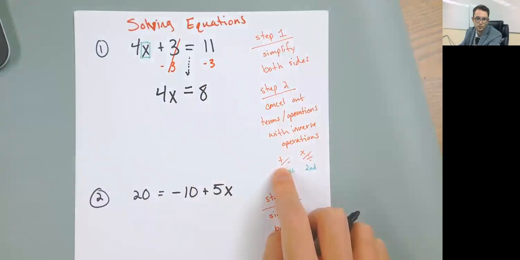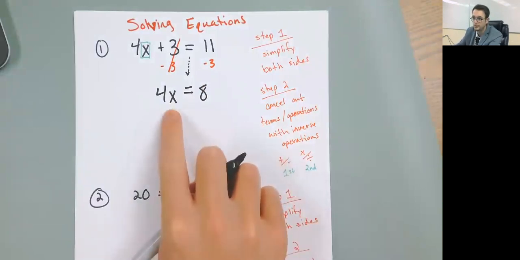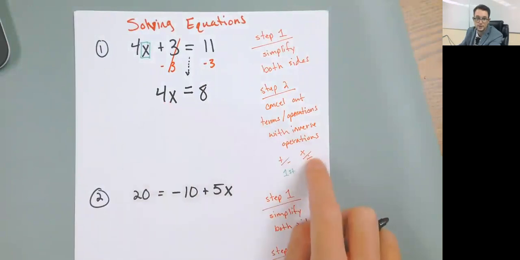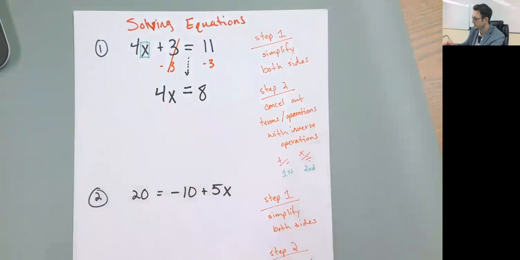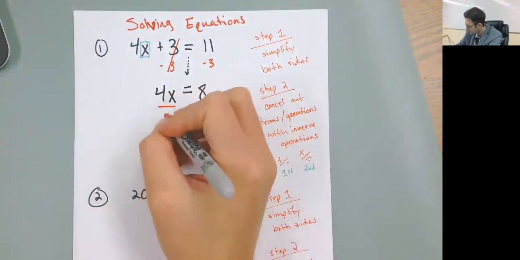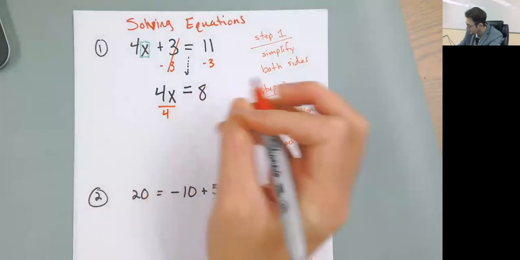Now I have multiplication that I need to cancel out. To cancel that out, I'm going to use division because division is the inverse operation of multiplication. So I'm going to divide by 4.